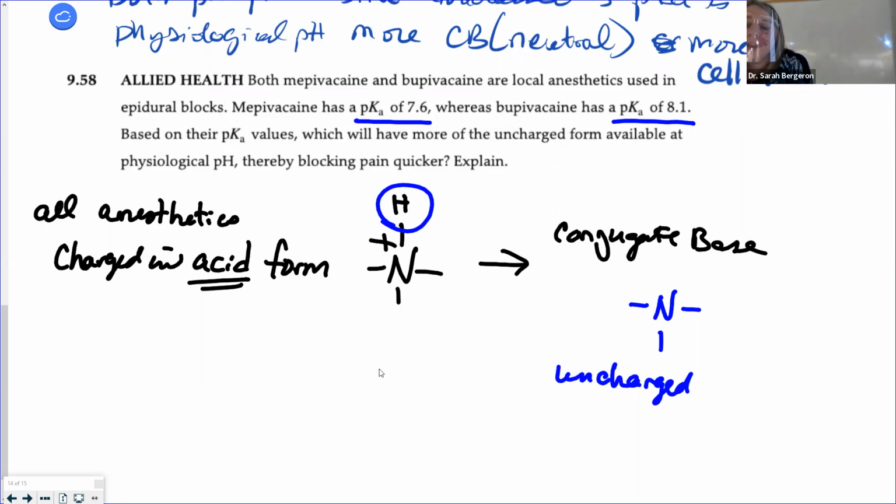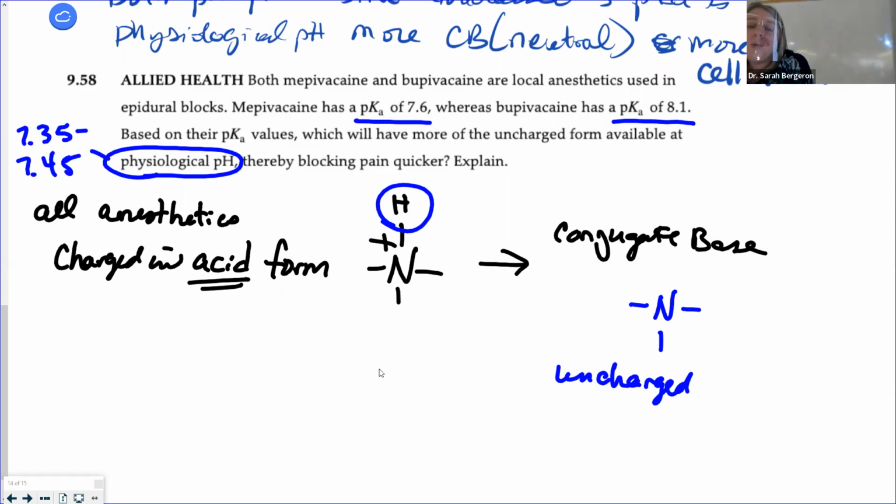Well, I want this medication to have as much as I can in the uncharged form at physiological pH. Remind me, what is physiological pH? 7.35 to 7.45, right? It's a pretty tight window.